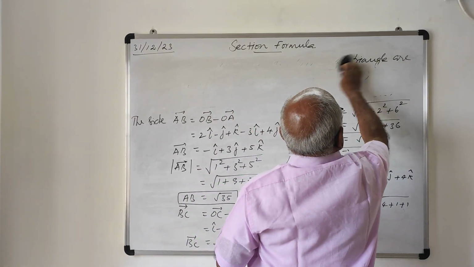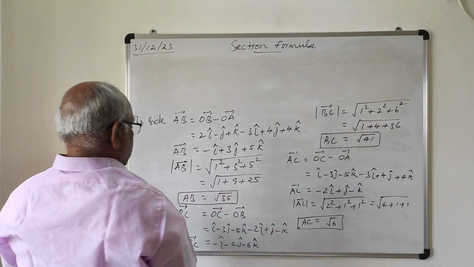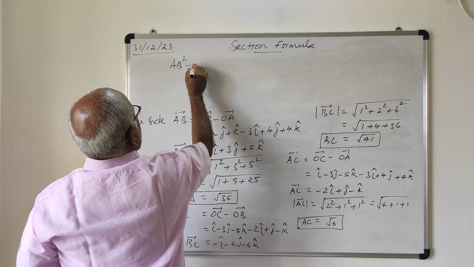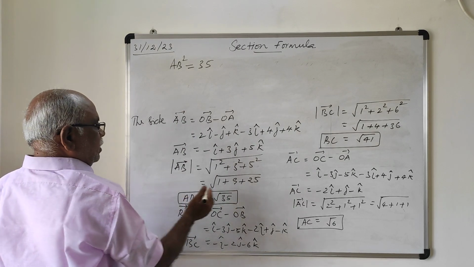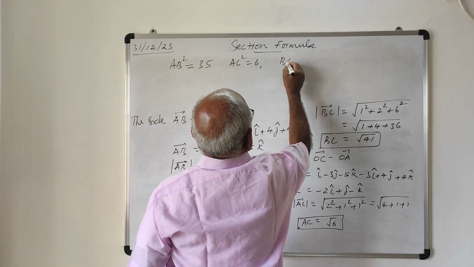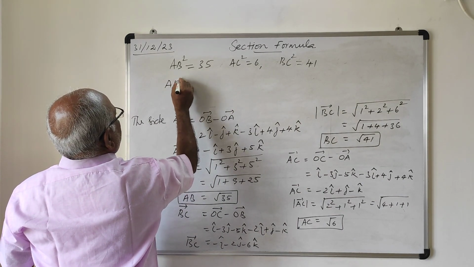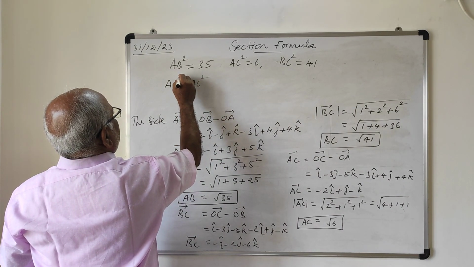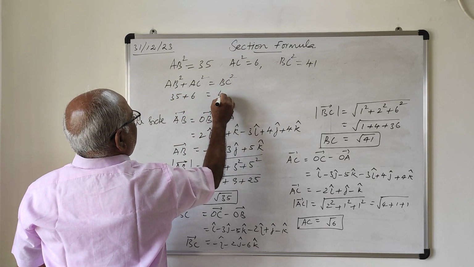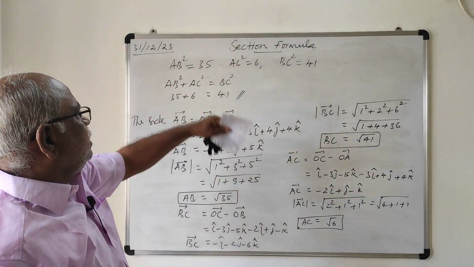AB square is 35, AC square is 6, BC square is 41. So 35 plus 6 equals 41. So AB square plus AC square equals BC square. Therefore ABC is a right angle triangle.